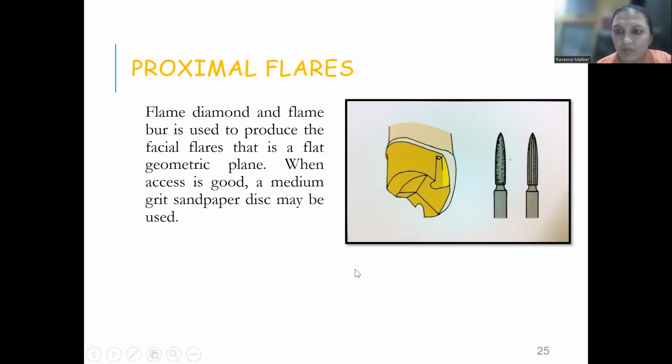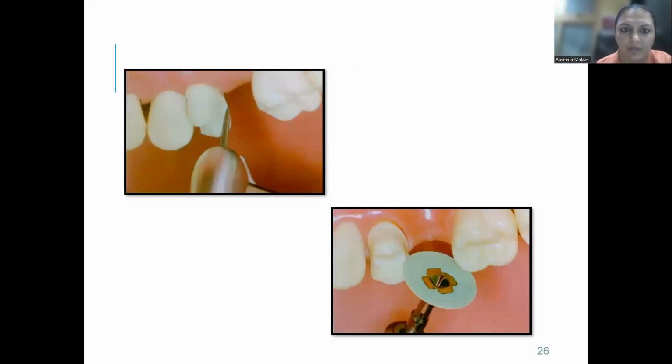This is the flame shape flame diamond, which is used to create the proximal flare, and this is the flame burr. Once the proximal groove is created, the facial wall of the groove is extended flat along the facial surface. If the axis is good, the sandpaper grit can be used to create the proximal flare.